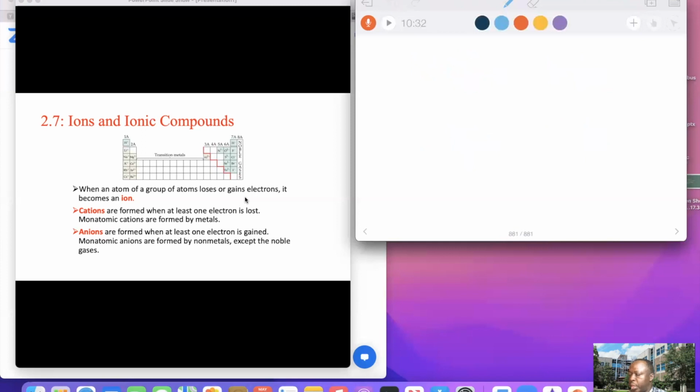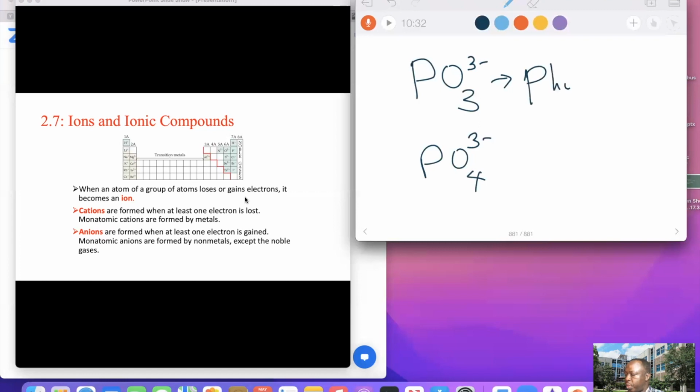One last one in the series: PO3 3 negative, and then PO4 3 negative. This is phosphite, and this is phosphate. You see that? ATE.